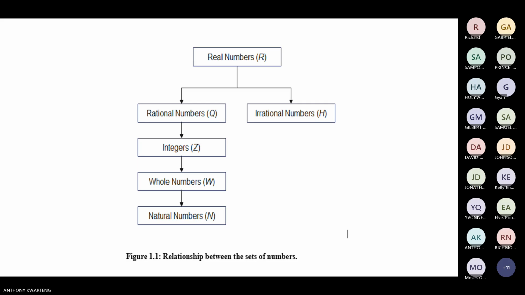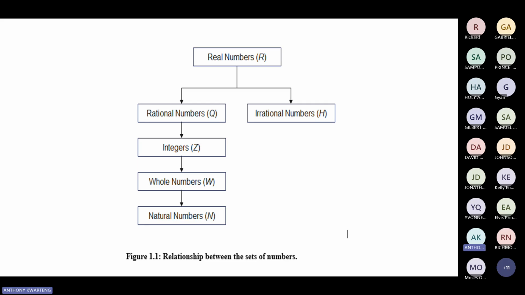When you go to the module, you will see what an integer is, what a rational number is, and so on. But just briefly, I want to introduce you to rational numbers and real numbers. We say rational numbers are numbers that can be written as a fraction.